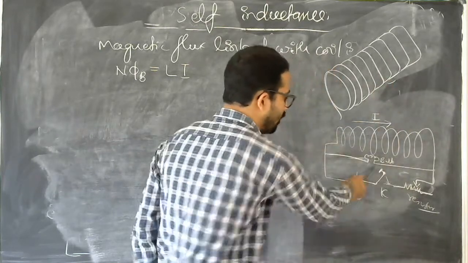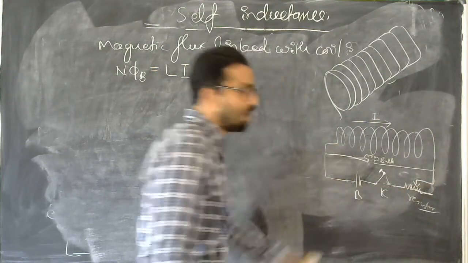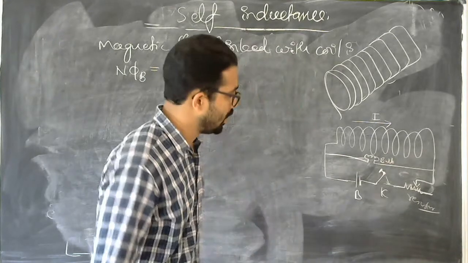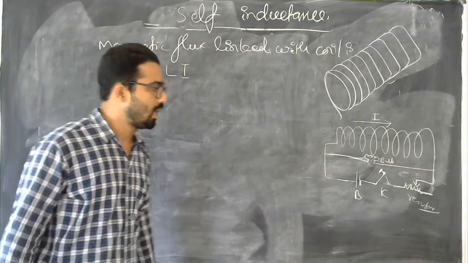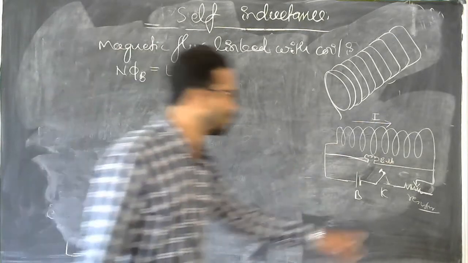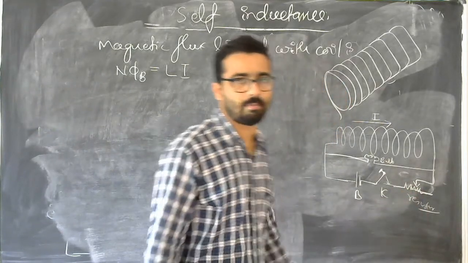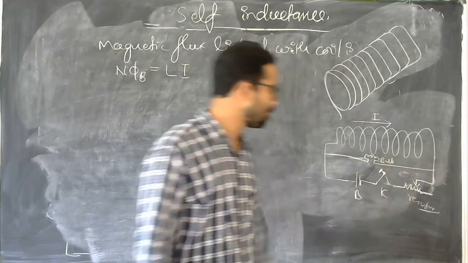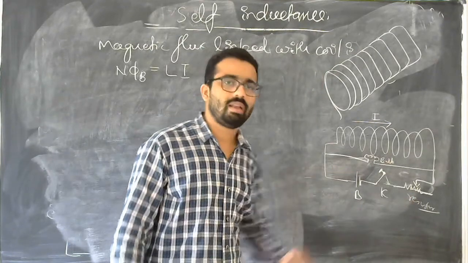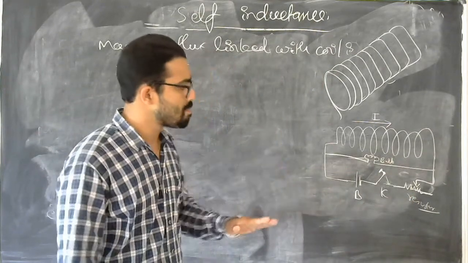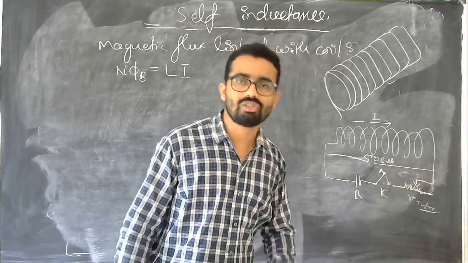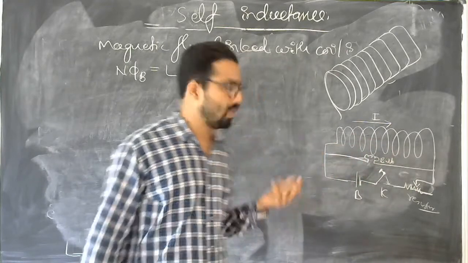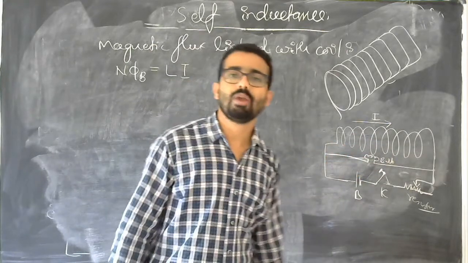You have to set some value of resistance here to limit the value of current. The key acts as a switch. If you press the key, the connection is closed, and if you release the key, the circuit is open.